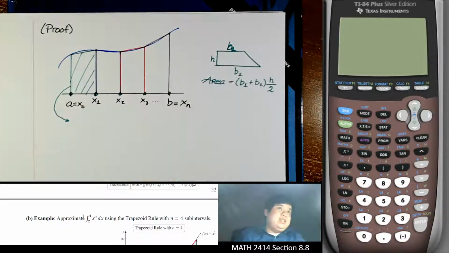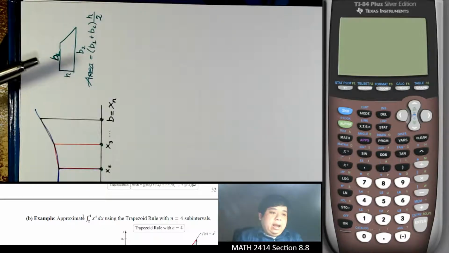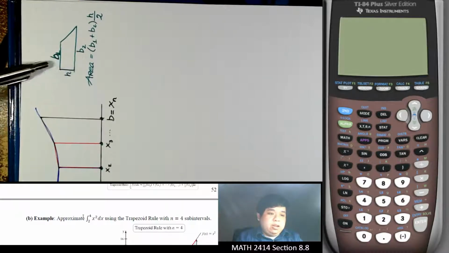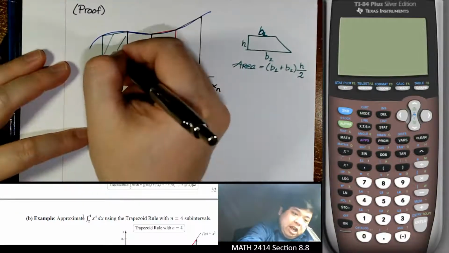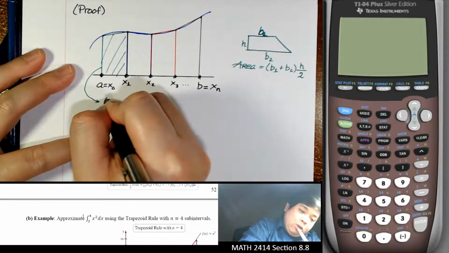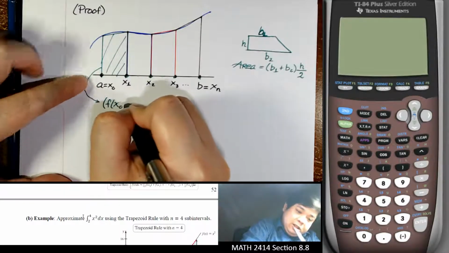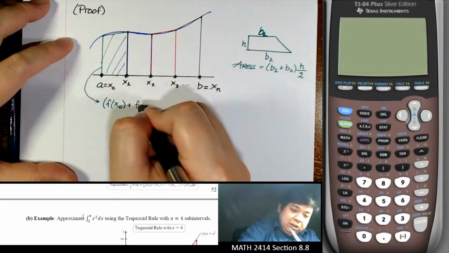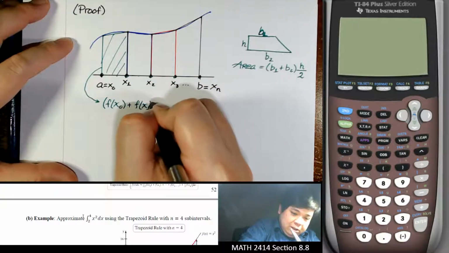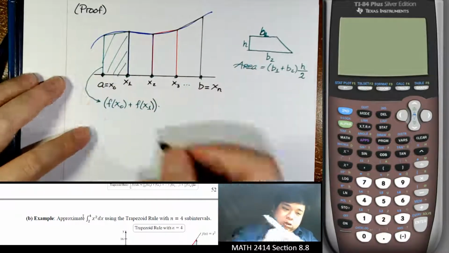I'm going to write it like that. That's the area of a trapezoid. Now all we do is just apply this, base 1, base 2, then the height. So in this case, the area for that trapezoid is base 1, f of x naught, plus f of x1, times the height, which is delta x.